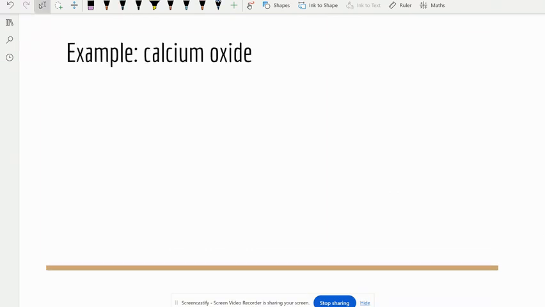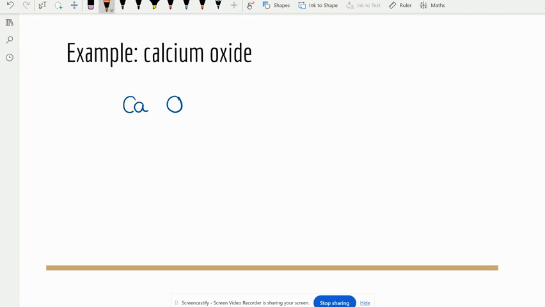Calcium oxide. So again, calcium in your periodic table, find it. Ca. Oxide is oxygen, so find oxygen. Chemical symbol is O. Find the charges.